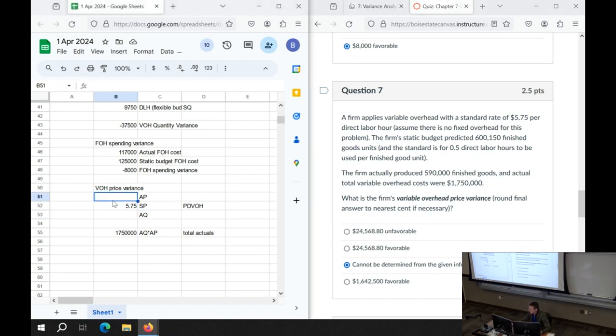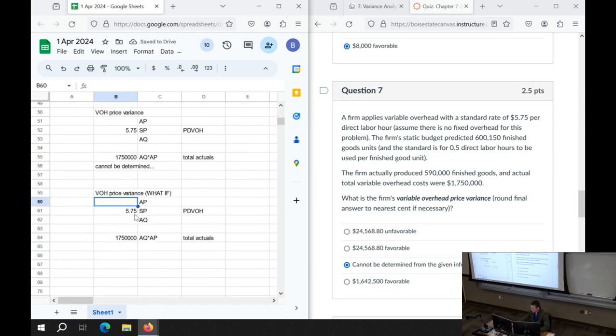Well, let's jump in and assume, just so we can do the problem, since we went through all the trouble. If we said, well, actual price was $6. Our actual overhead rate per direct labor hour was $6.